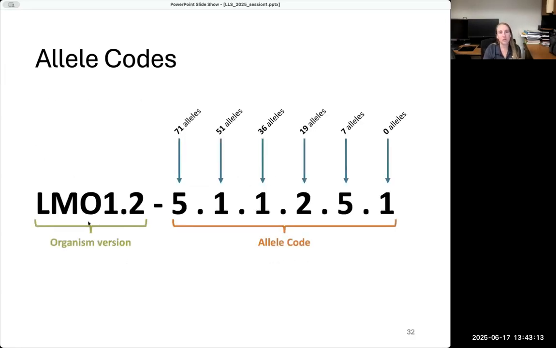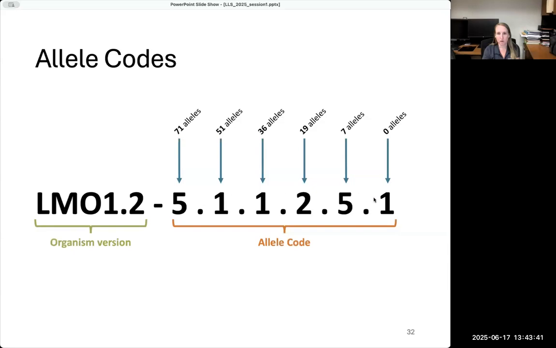So here is an example code. The first 3 letters and 2 numbers are going to be the organism and version, like Listeria monocytogenes, version 1.2. The allele codes got updated recently. If you're looking at an allele code and it has 1.1 or something beside it, you'll know it's the old version and not the new version. And then this part here is the digits that make up our allele code.